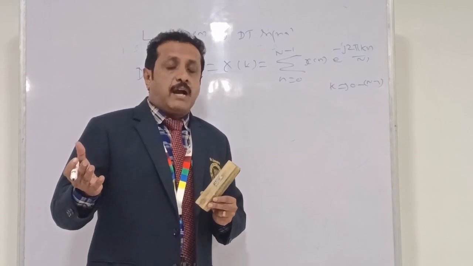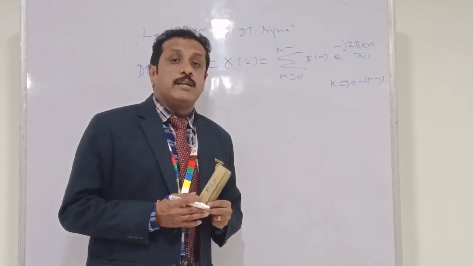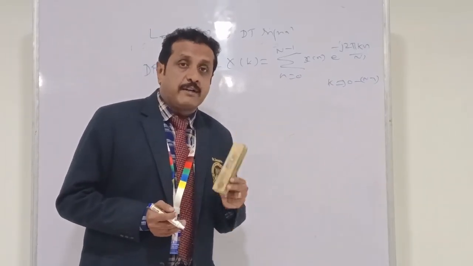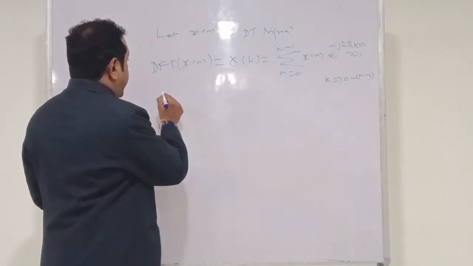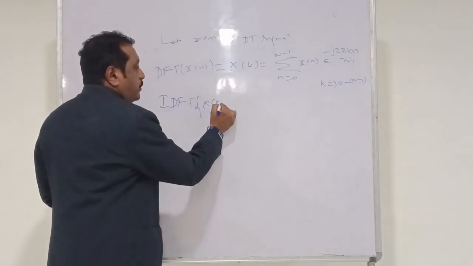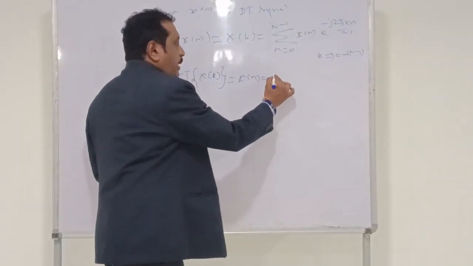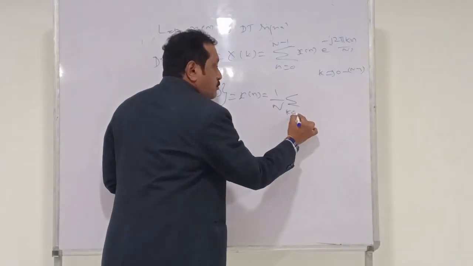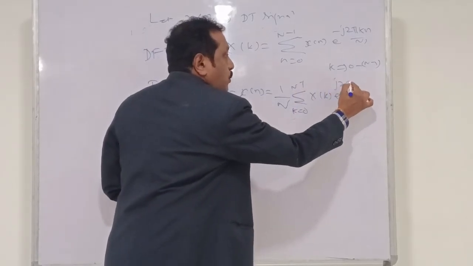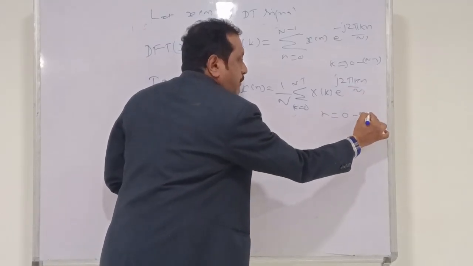Once we complete the analysis in the frequency domain, we convert back to the time domain with the use of the inverse DFT. That is possible with the IDFT formula. The IDFT of X of k gives x of n, which is equal to 1 by N summation k equals 0 to N minus 1 of X of k e power j 2 pi k n by N, where n ranges from 0 to N minus 1.